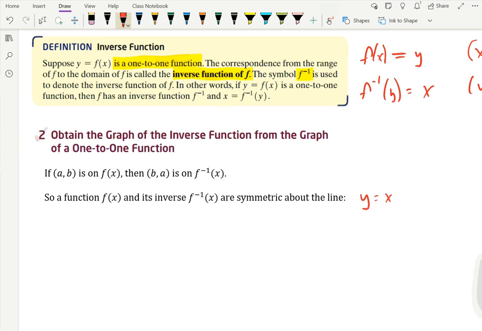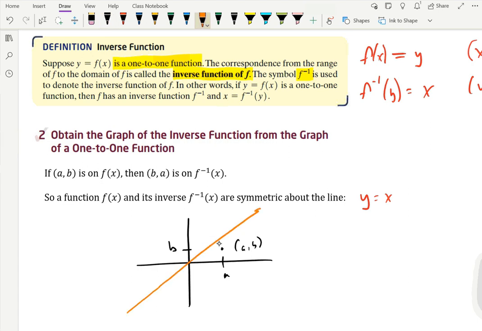Okay, let's take a look at this and see why that might be true. So if I have a graph here, let's call this a here, and let's do b here. There's my point (a, b). If I draw the line y equals x, and come back through here, there's my a and there's my b, then a would be up here and b would be over here.